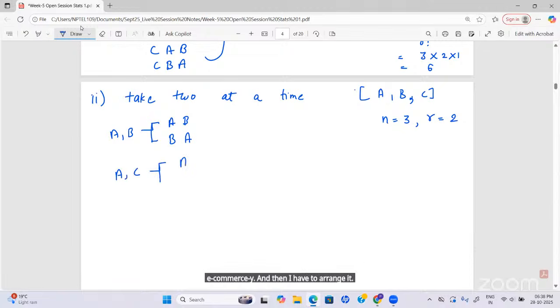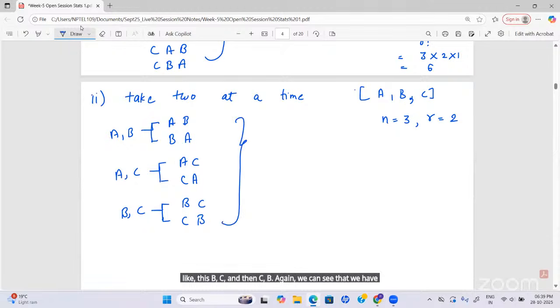So it can be A, C or C, A. Now, out of A, B, C, I am selecting B, C. So this can be arranged like this: B, C and then C, B. Again, we can see that we have 6 possibilities.